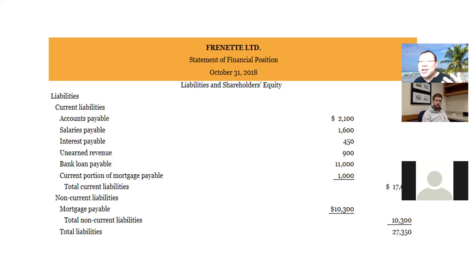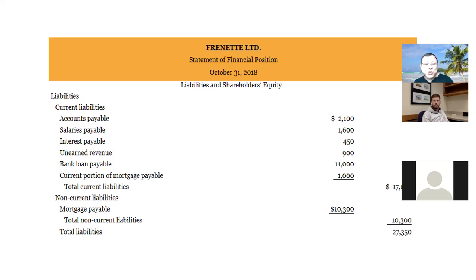So it's a non-current liability. However, you know that in the next 12 months you need to make 12 payments. Those are the liabilities within one year, so they have to be considered current liability. That's the current portion of the non-current liability, and that current portion is a current liability.